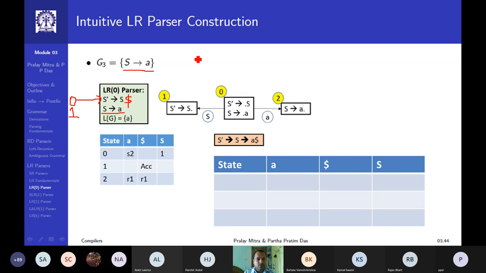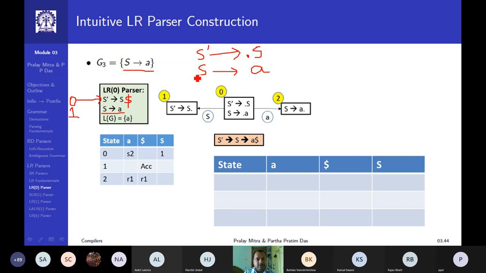Since I have two production rules, first corresponding to this production rule is S prime. So I have one item, S prime derives dot S, right? Now you know by closure property, since dot is on the left hand side of S, all the production rules of S will also be included as part of this.